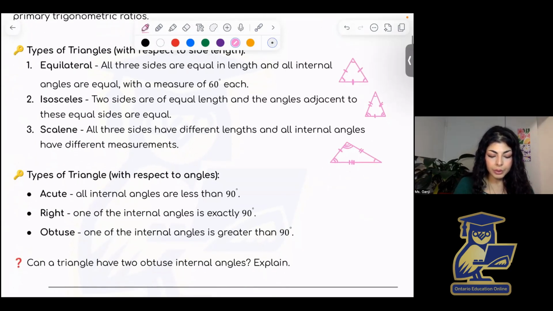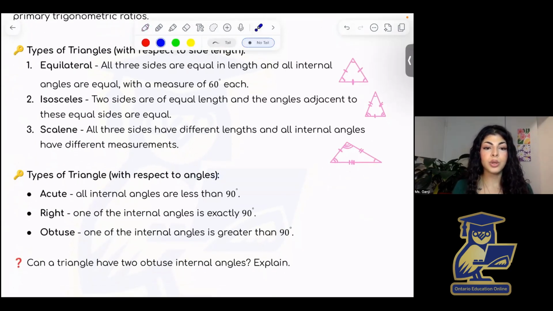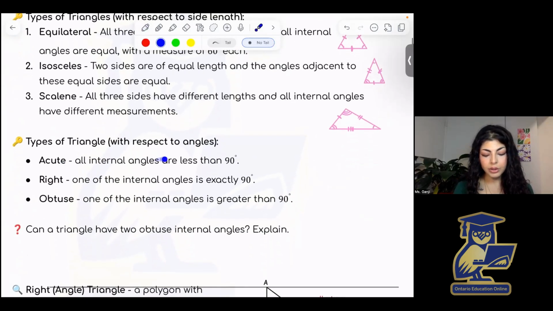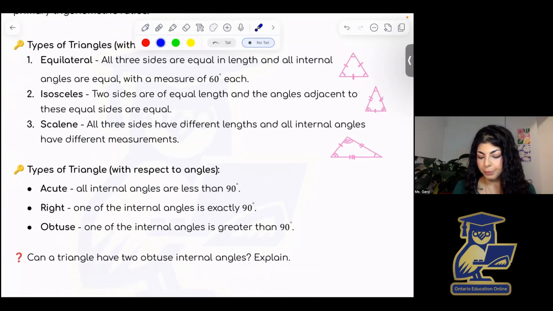Now, with respect to the angle, when we classify triangles, we can have an acute triangle, in which all the internal angles are less than 90 degrees. So both of these two are acute triangles. Equilateral will always be an acute triangle because the angles measure 60 degrees, which is less than 90 degrees.